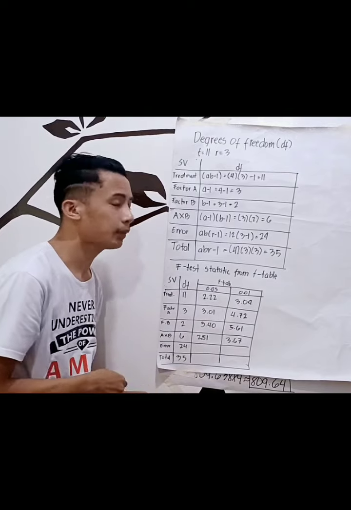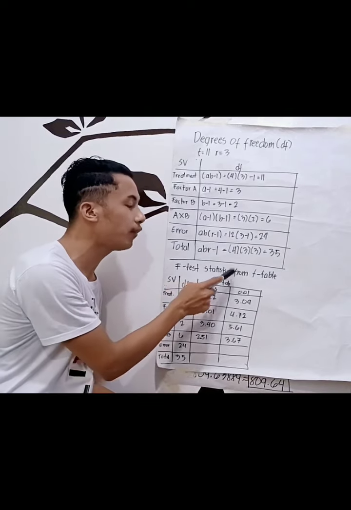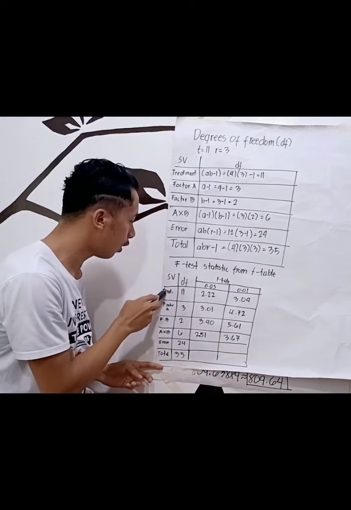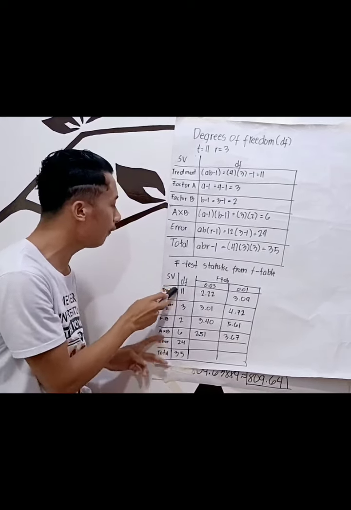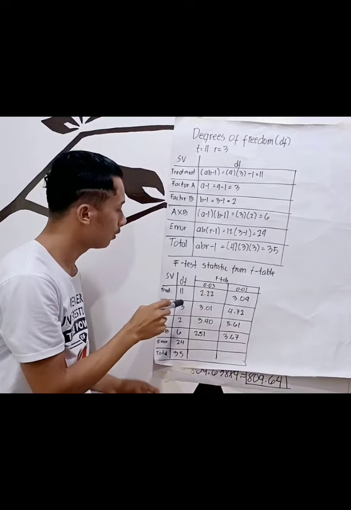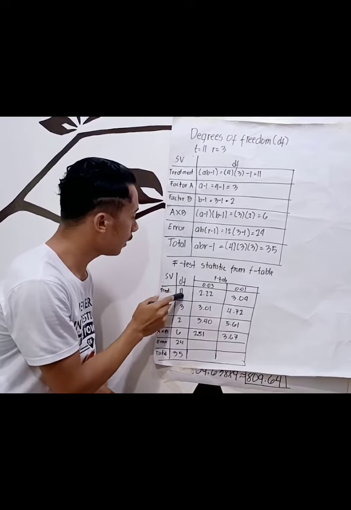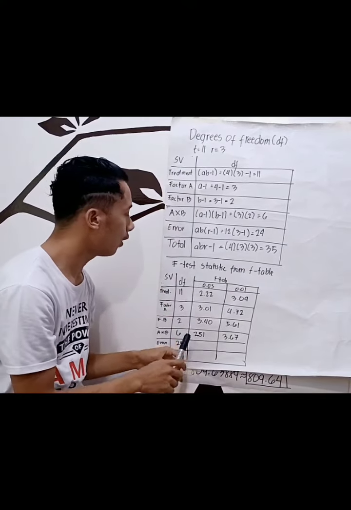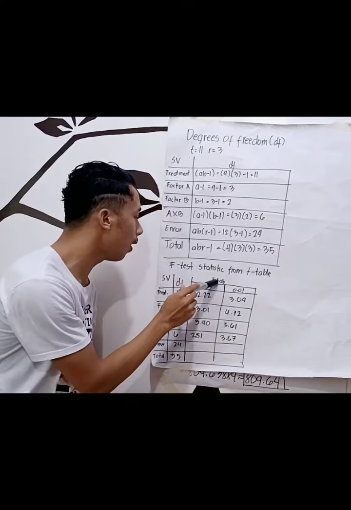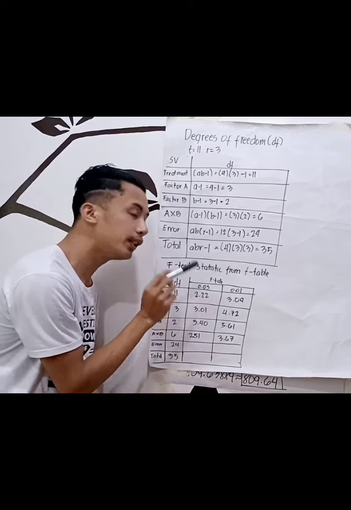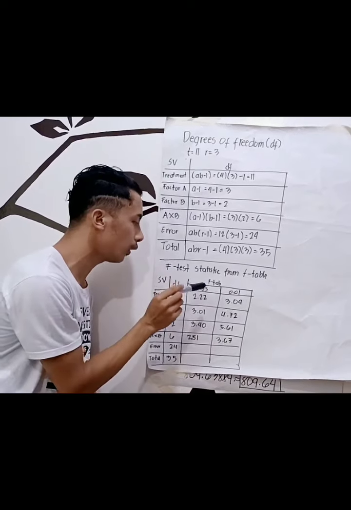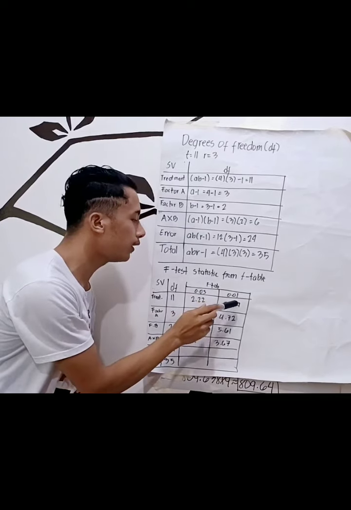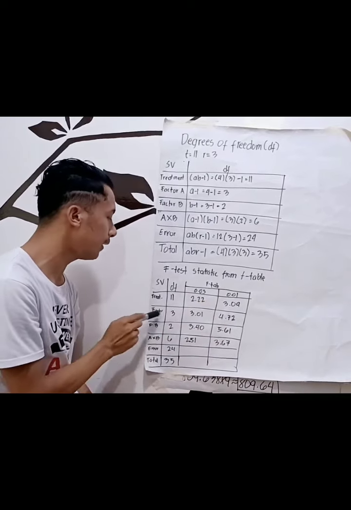So let us proceed to the F tabular statistic from the F table. For the treatment, the DF is 11. At 0.05 it is 2.22, and at 0.01 it is 3.09. For factor A, the DF is 3.